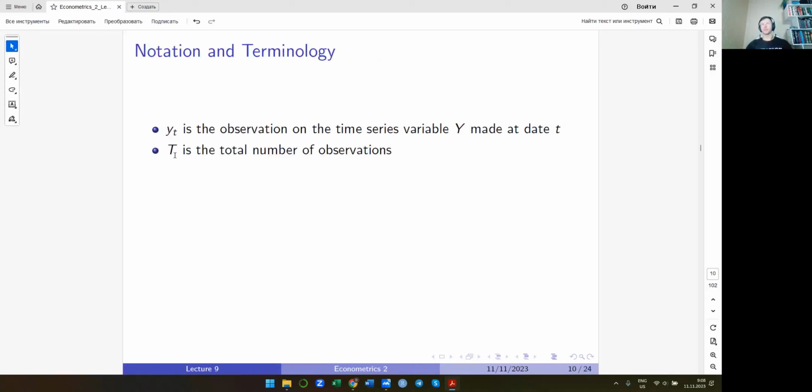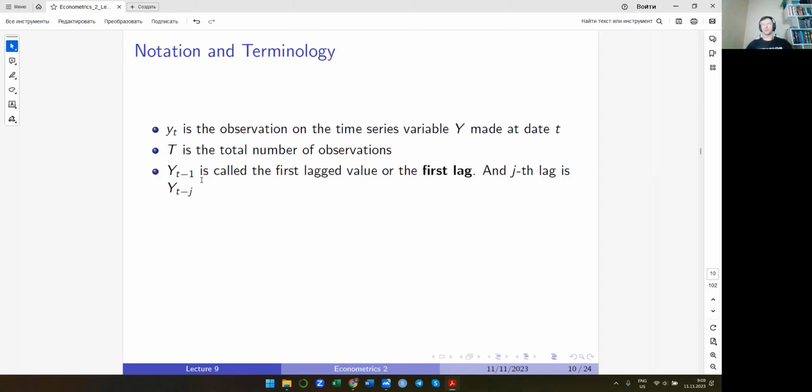Capital T is the total number of observations. When you have, like, 80 quarters over 20 years, capital T is going to be 80, right? If you collect the data for every day in the year, capital T is going to be 365 and so on.